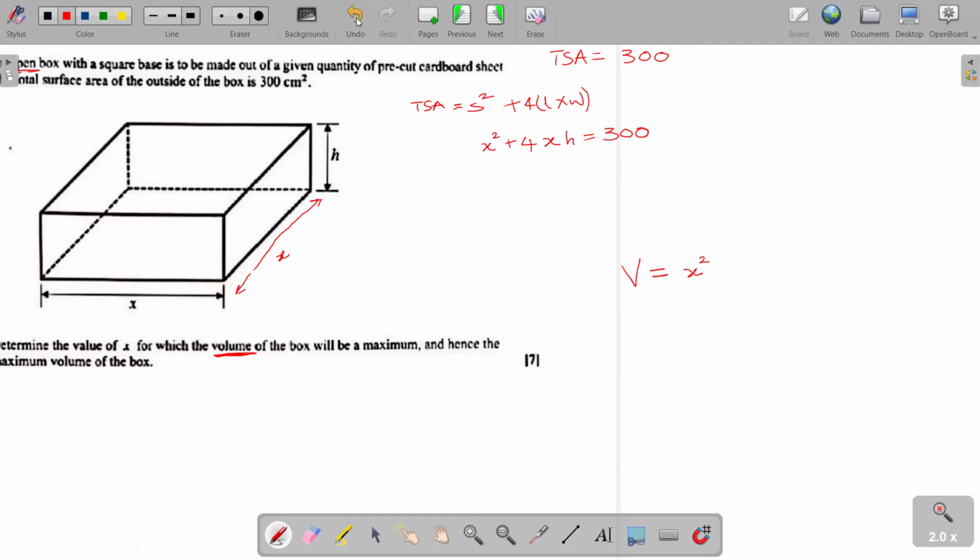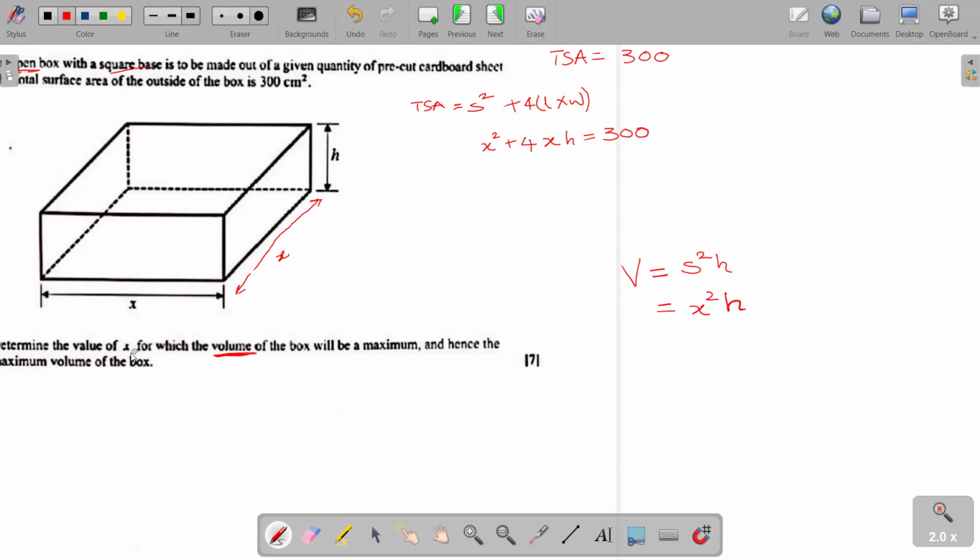Let's write it as a formula: base area, and the base area we are told is a square base, times the height. So the volume is going to be given by x squared multiplied by h, the height there.